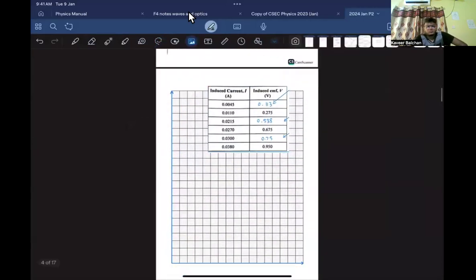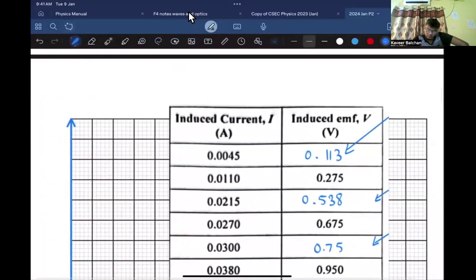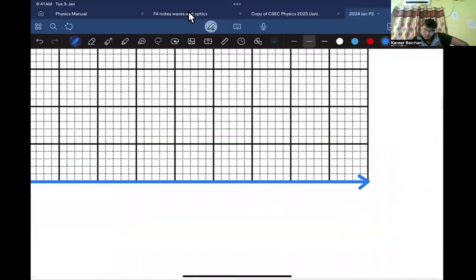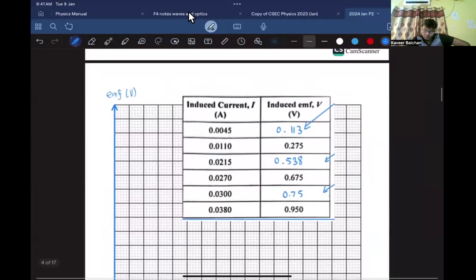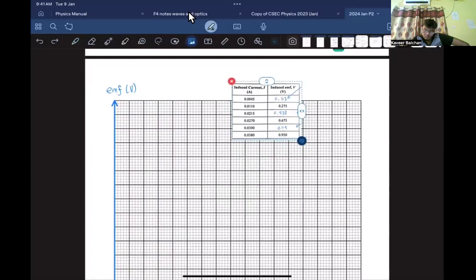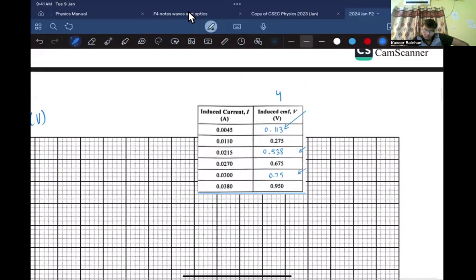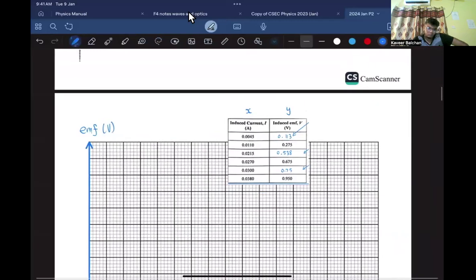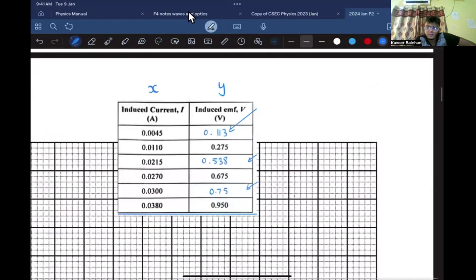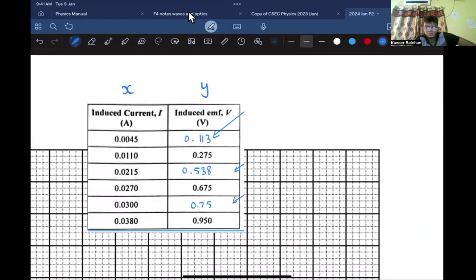Right, so Justin, we need to come up with a suitable scale. Remember that on the y-axis is EMF, which is voltage. And over here, it's U, ms to the minus 1. So this is Y, and this is X. Yeah or no, Justin? Okay, when we are plotting points, it's always what first?